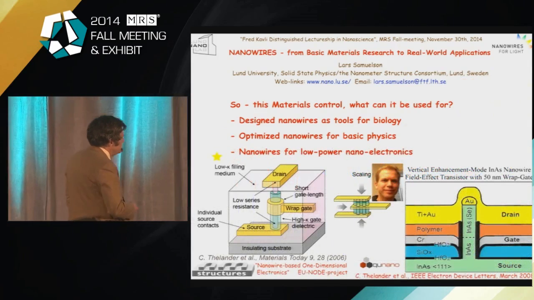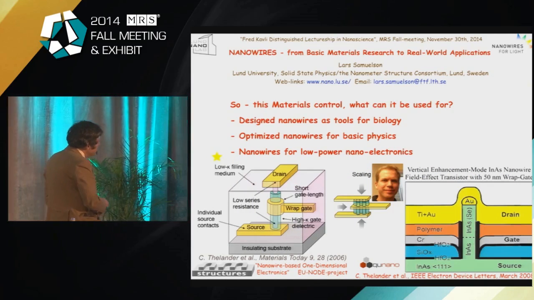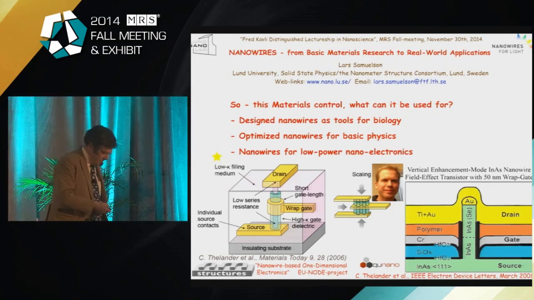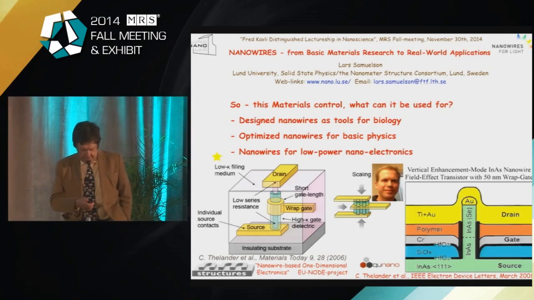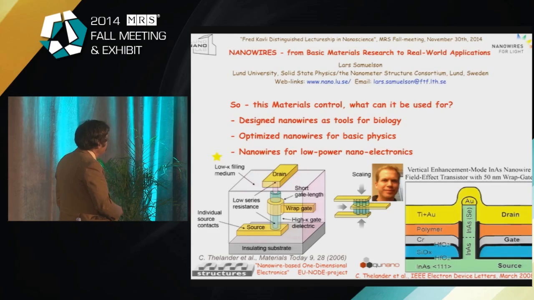Nano electronics is a field that has been going on very actively. I mentioned to you what we're doing in the tunnel FET area together with Taiwan Semiconductor and other international collaborations as well. But this is really how it started.